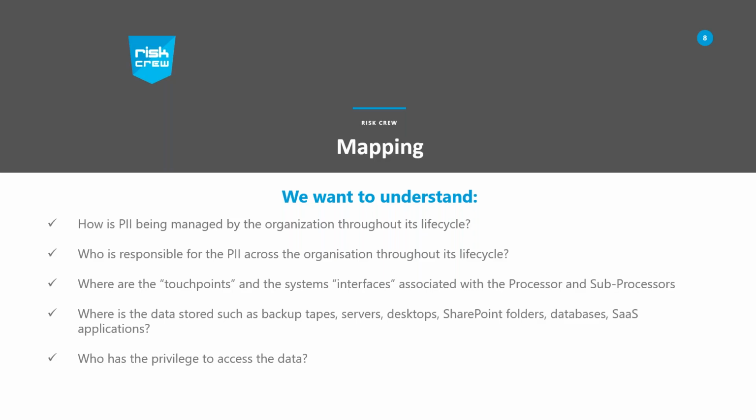Where are the touch points and the system interfaces associated with the information, and specifically with any processes or sub-processes that we use? Where is the data stored, such as backup tapes, servers, desktops, SharePoint files, spreadsheets, anywhere, and what applications make use of it? We also want to know who has privilege to access that data.